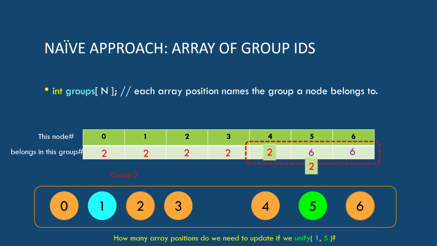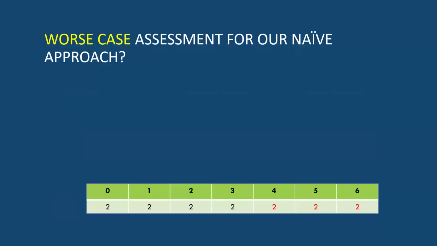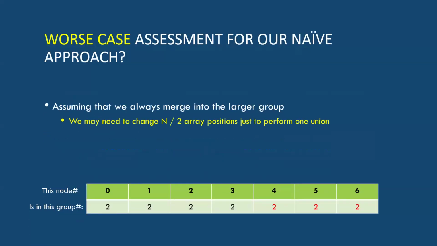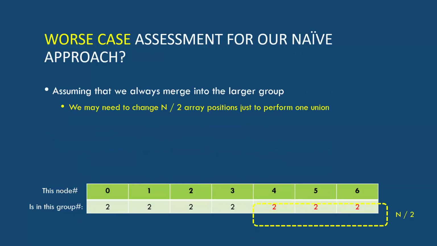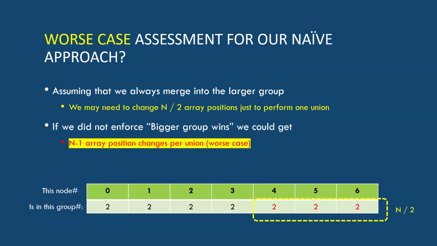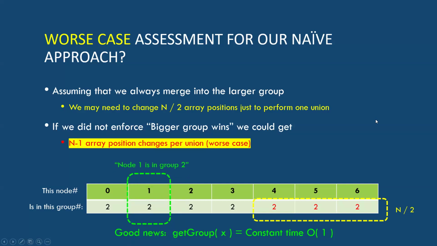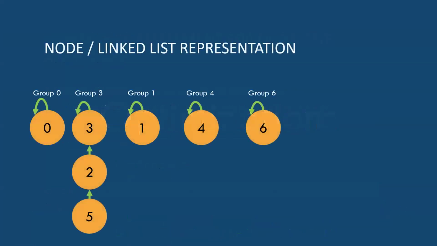We've got to change a lot of stuff. So not ideal. Over the lifetime, we've done this analysis before, if we choose the bigger group, we only have n over 2 changes, but it's still actually not great. So get group is fast, very quick to do, but the maintenance from the modification is problematic.